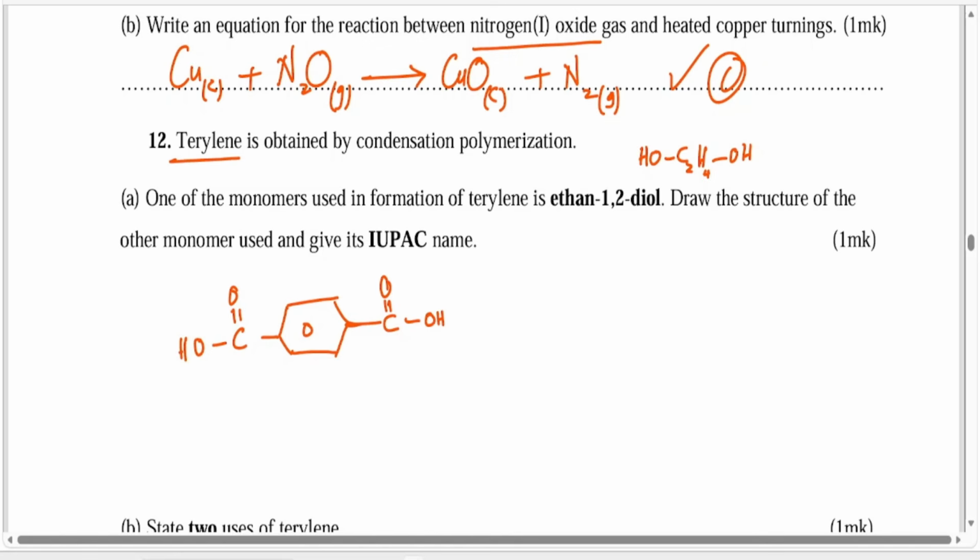And this is what we call benzene-1,4-dioic acid. And this is the formula and the IUPAC name for this. Each has a mark.